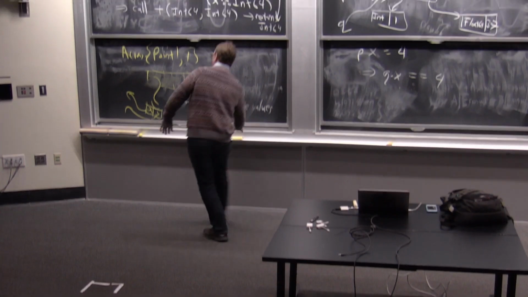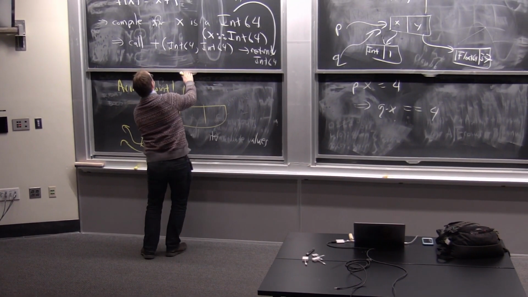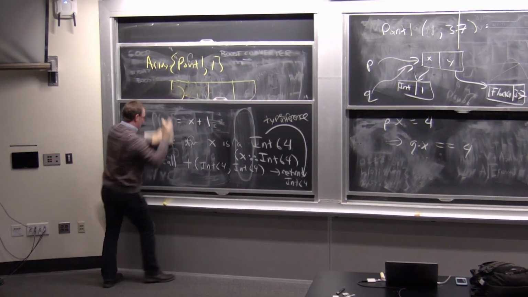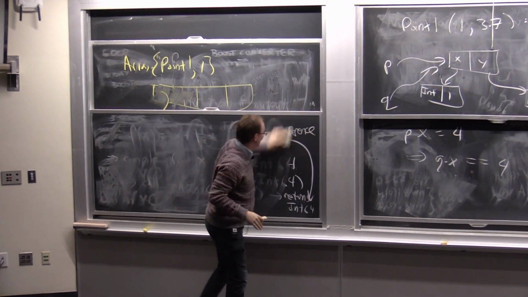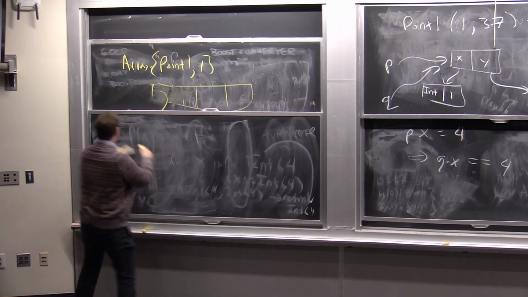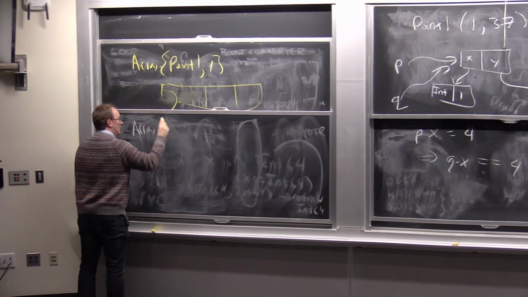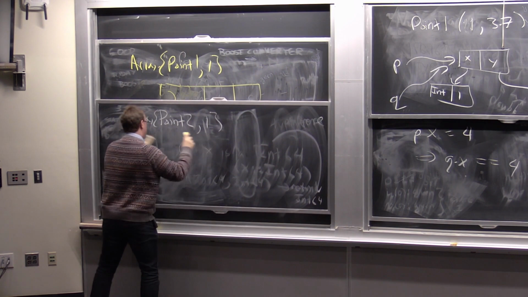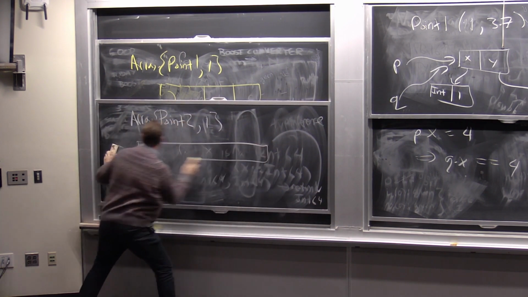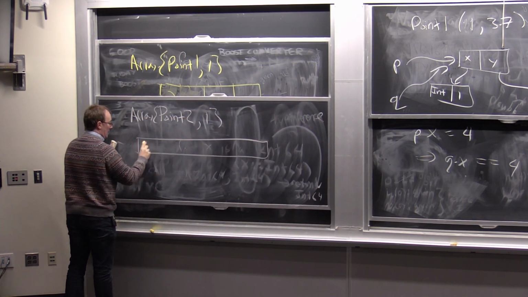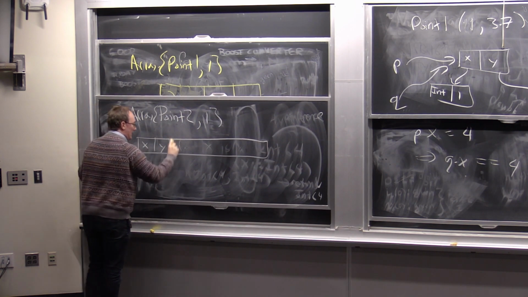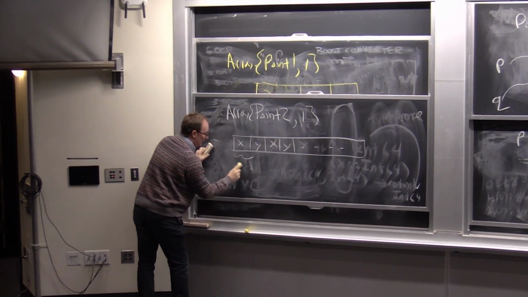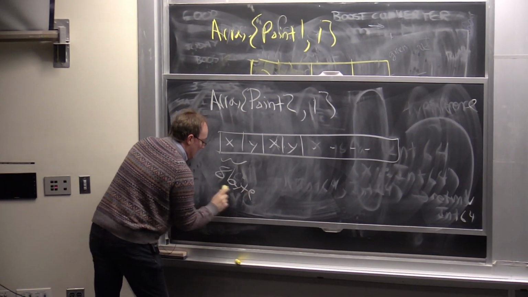But that means, if you look at that in memory, what the compiler is allowed to do, and what it does do for this, is if you have an array of points, then it looks like just the X value, the Y value, the X value, the Y value, and so forth, where each of these is exactly one 8-byte Float64.